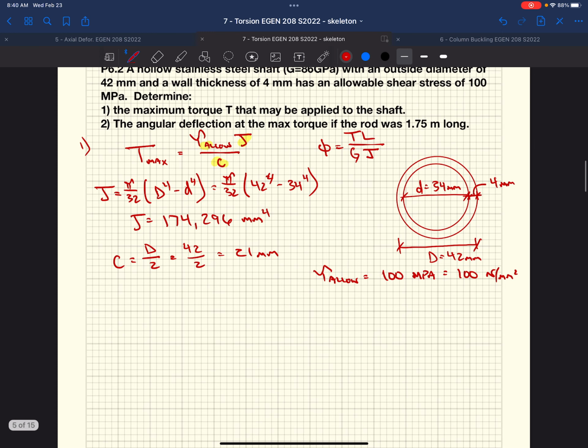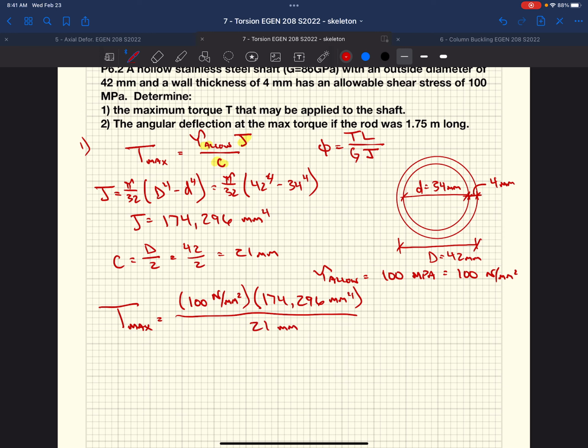So now we can calculate the maximum torque that can be applied to this shaft so that it does not become overstressed. It is our allowable shear stress, 100 newtons per millimeter squared, times polar moment of inertia, or 174,296 millimeters to the fourth, all over our maximum radius, which was 21 millimeters. If we look at the units, everything cancels out except for 1 millimeter.